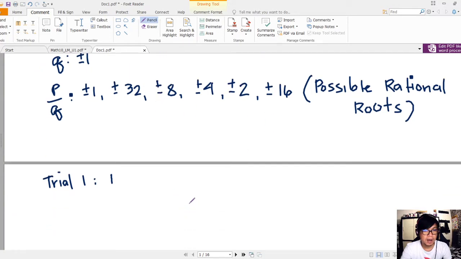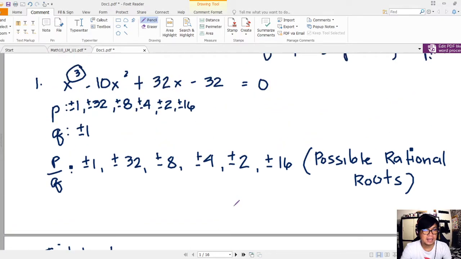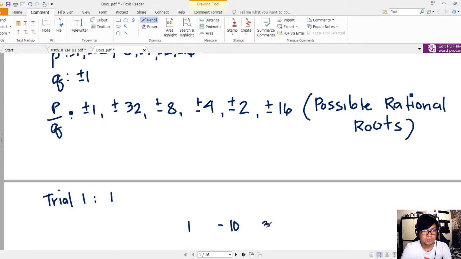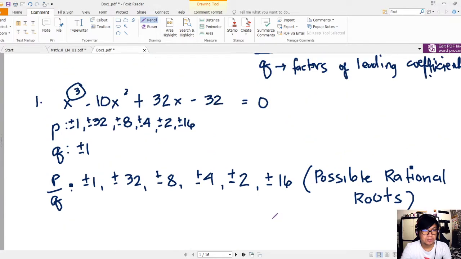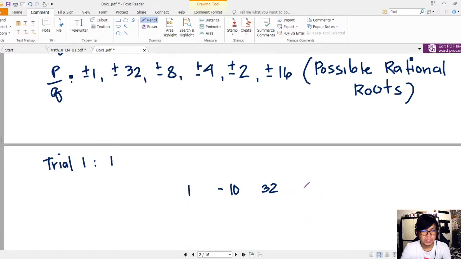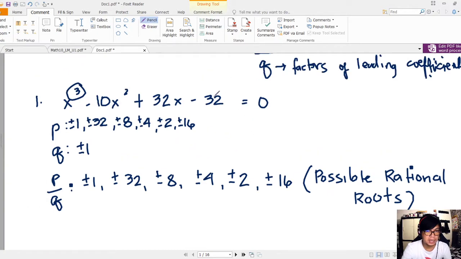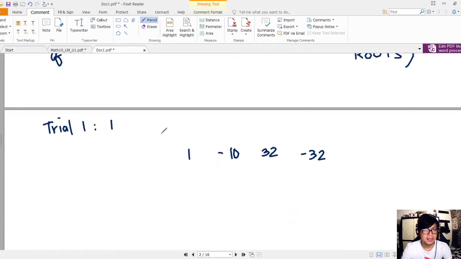So we have 1, negative 10, 32, and negative 32. So as you can see, yung ating given, wala siyang missing terms. There is no missing term here. So wala tayong i-insert na 0. So our first trial is 1. Okay. So dapat mapalabas natin that the remainder is 0. Pag remainder is 0, we can say that that number is a factor, is a real root.